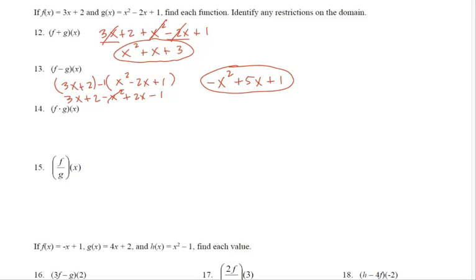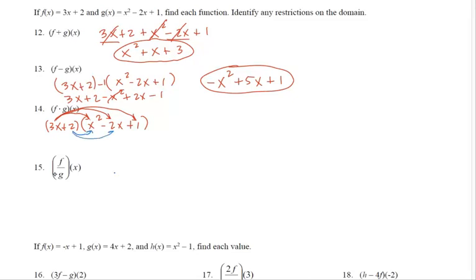This is multiplication, so I'm going to take the f function and multiply times the g. And this is the distributive property, but we're going to be distributing both the 3x and the 2.